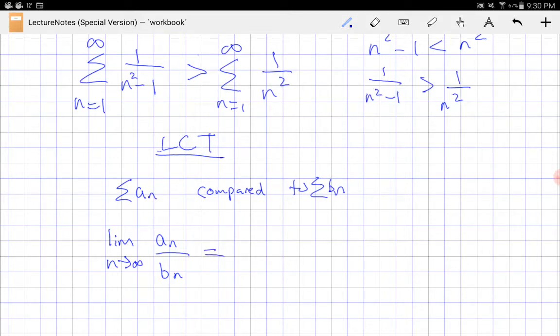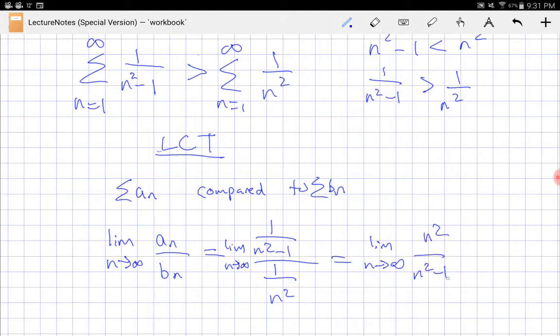In this particular case, let's take our a_n to be 1 over n squared minus 1, and our b_n to be 1 over n squared. And so we get the limit as n goes to infinity of n squared over n squared minus 1.